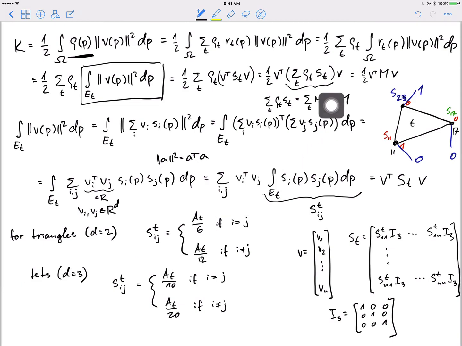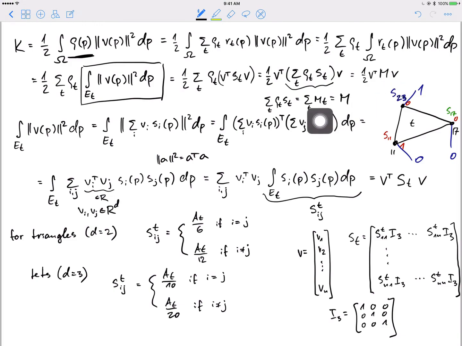Here I have the S_t matrix, and everything in it is multiplied by A_t, and that gets multiplied by the density. Mass, exactly, yeah. Area times density, or volume times density, is exactly mass. And that's why this matrix M is called the mass matrix.